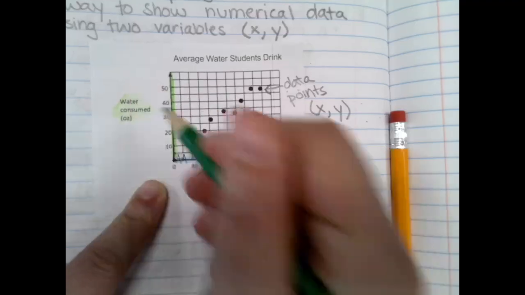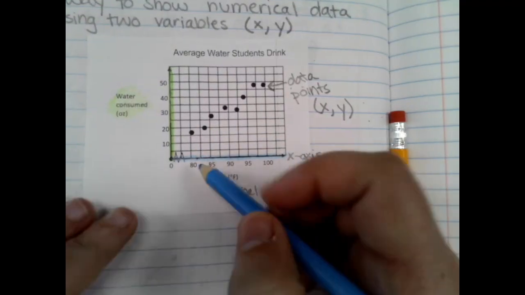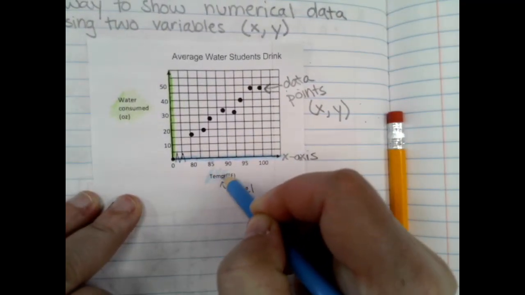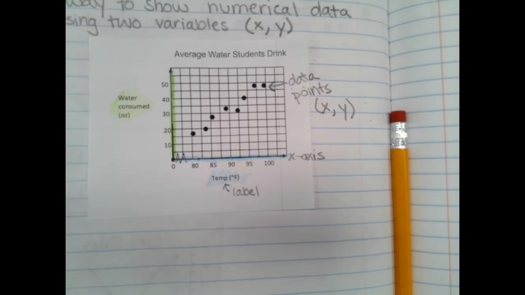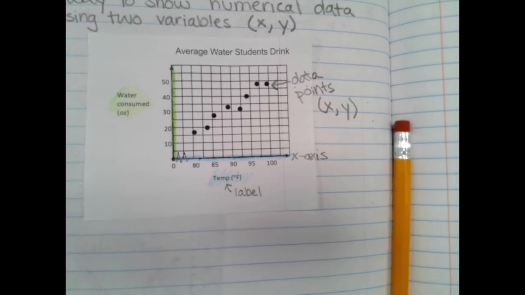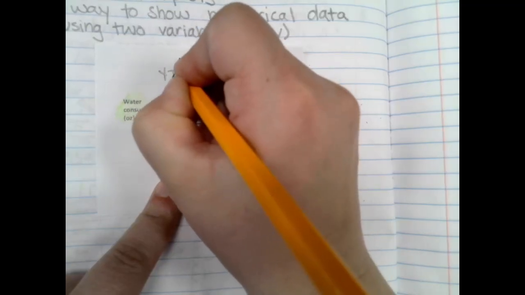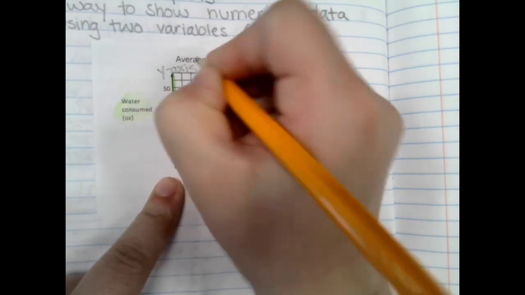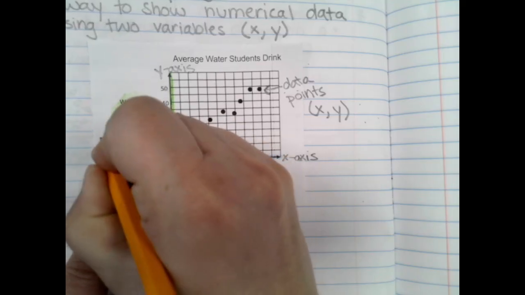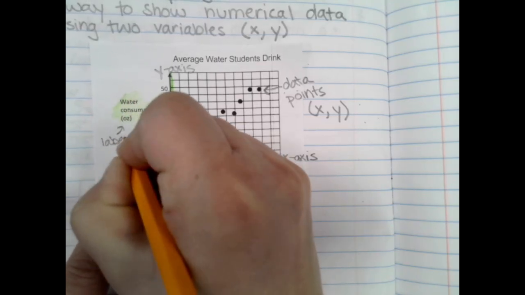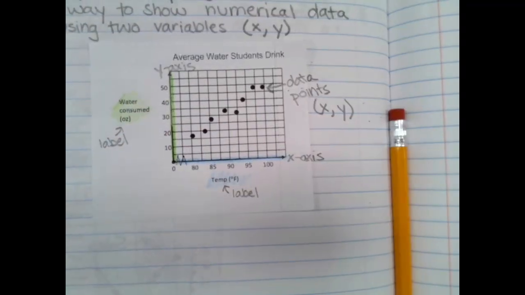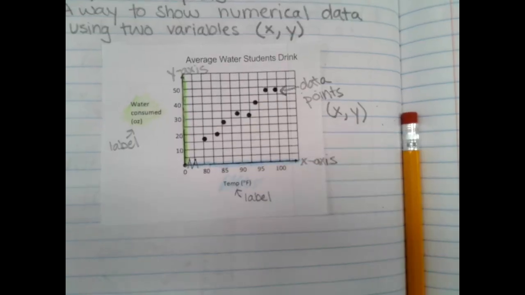The water that we are consuming. Consuming means to like drink. I should have colored this blue also, sorry. Okay, and we're measuring it in OZ. What does OZ stand for? Ounces, good. So this is our y-axis. And again, this is just a label. Could also be called a title, I suppose. I like to call them labels.